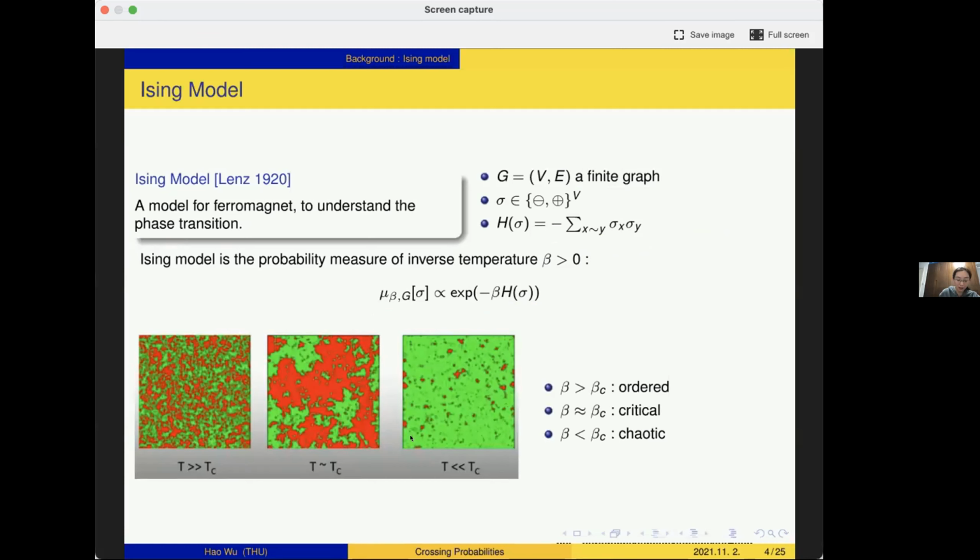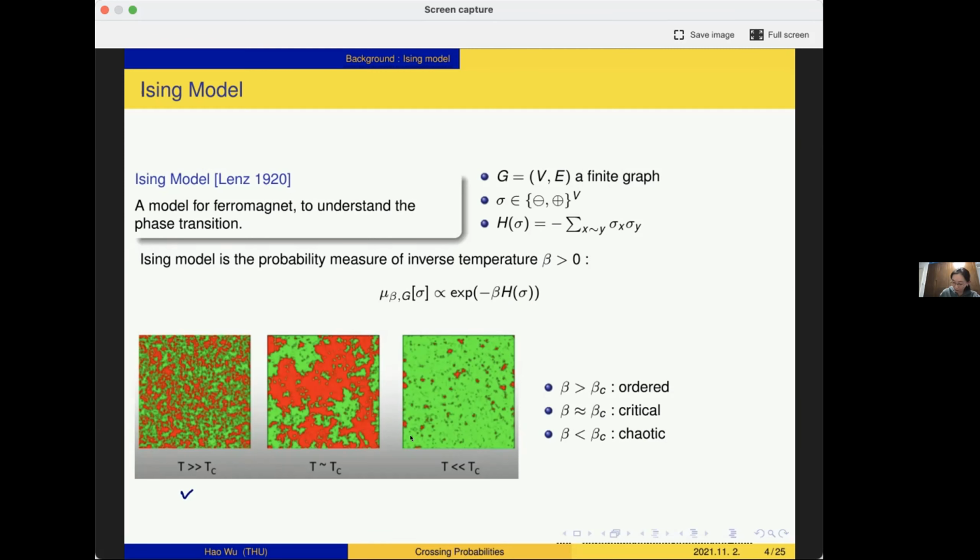We see that when the temperature is very low, one of the spins will dominate the system. This represents that the ferromagnet has magnetization. As the temperature increases, when the temperature is very high, we see that the two spins are mixed up. So here is the chaotic phase, and we don't observe magnetization anymore.